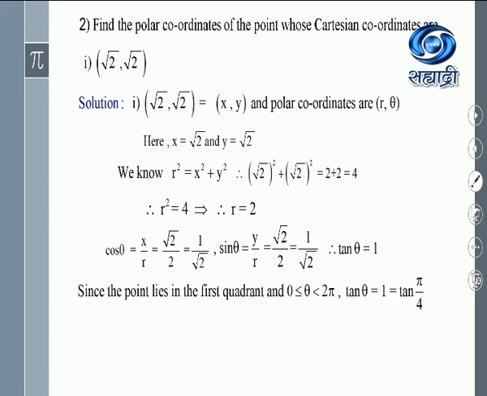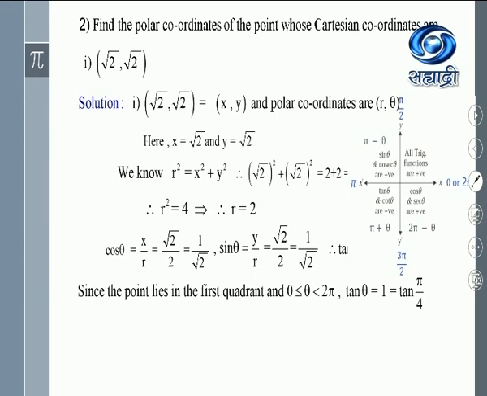So we got tan theta equal to 1 equal to tan pi by 4. But you will have to decide the point where that lies. Since the point lies in the first quadrant and theta is greater than or equal to 0 and less than 2 pi, actually you will get one more angle. See how? Tan is positive in the third quadrant also.